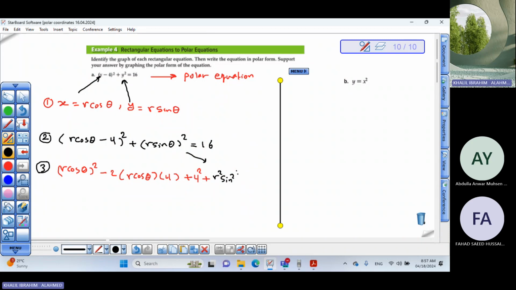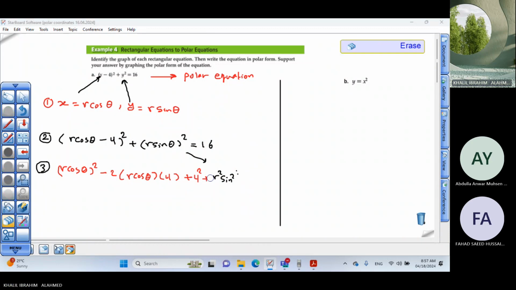Sine squared theta equals 16. Maybe some students didn't understand this step. Why?